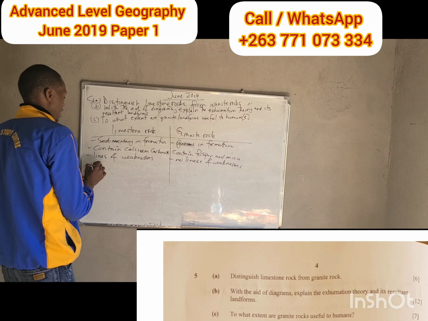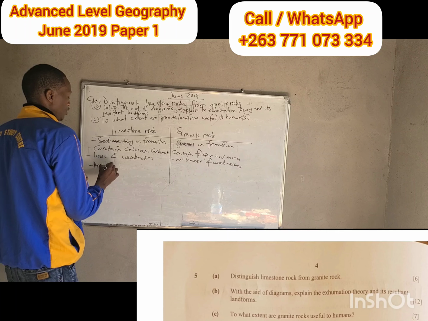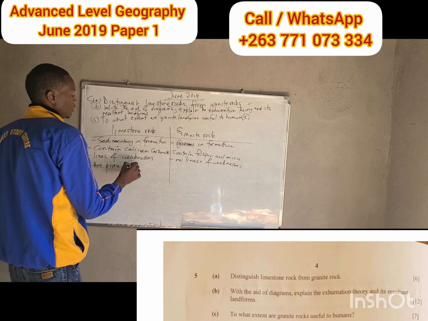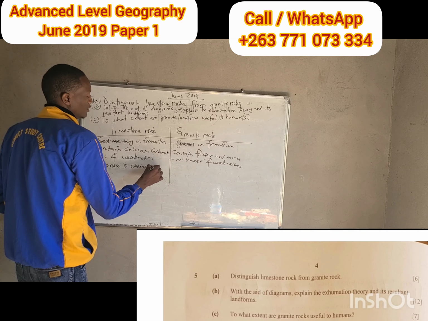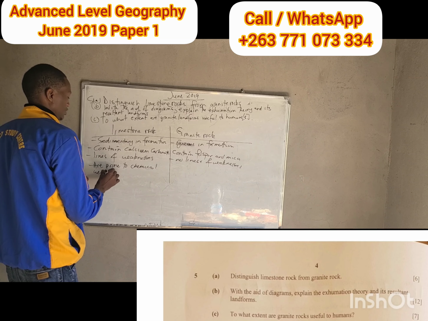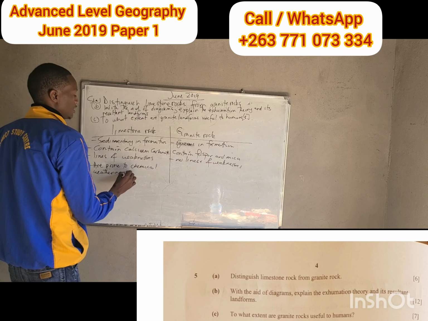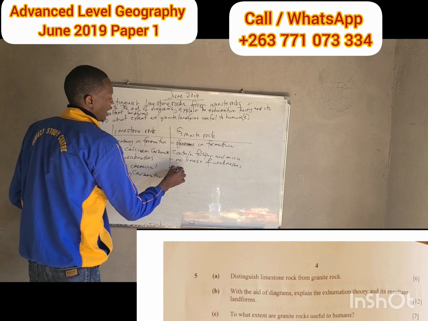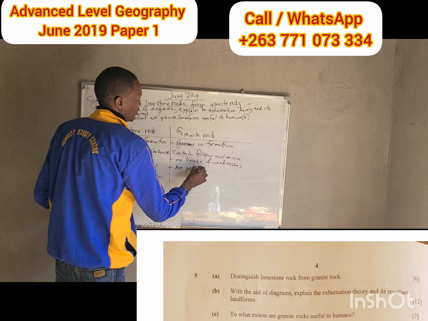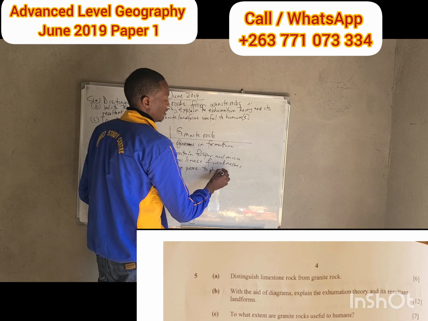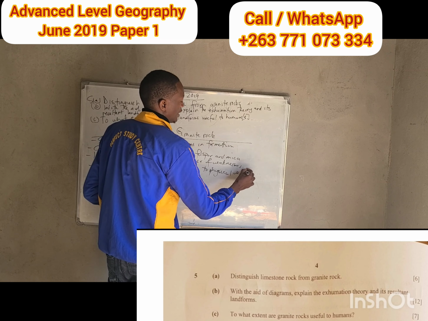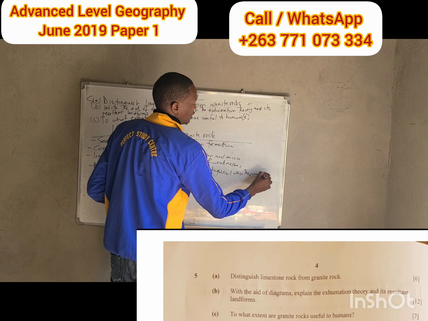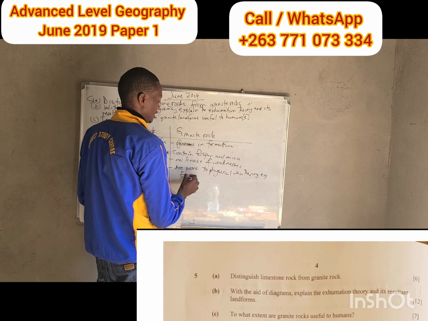Then limestone rocks are prone to chemical weathering, e.g. carbonation. Granite rocks are prone to physical weathering, e.g. exfoliation.